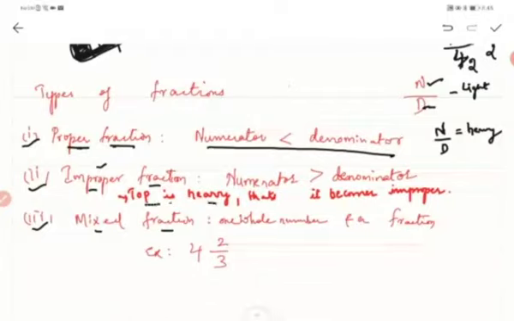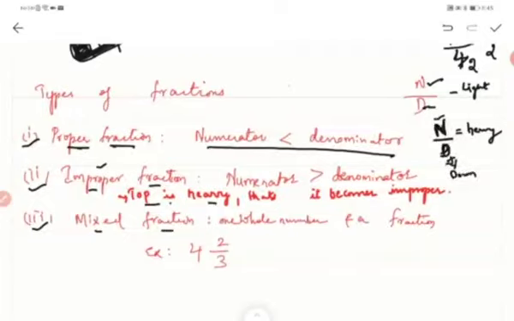Alright, so the numerator will be at the top, isn't it? And if you are confused between numerator and denominator, numerator is on the top and denominator is at the down, so remember D for down, isn't it? So n will be at the top, numerator. Okay, so what is an improper fraction?